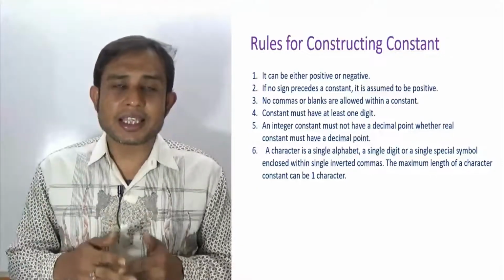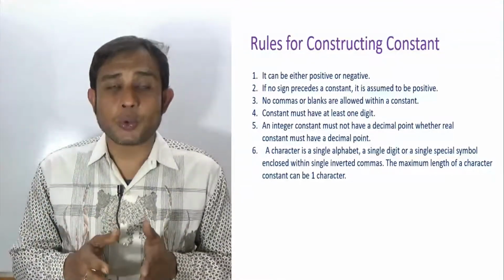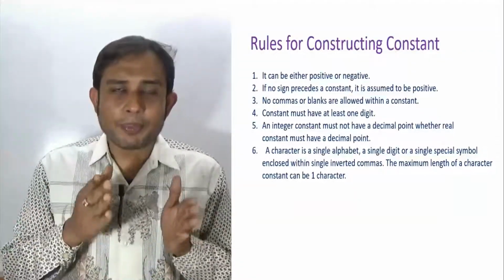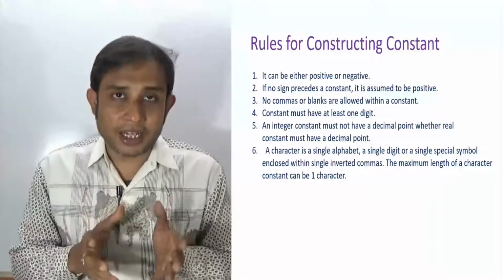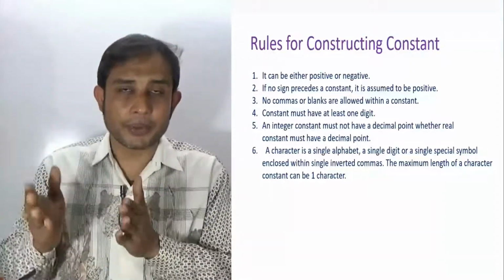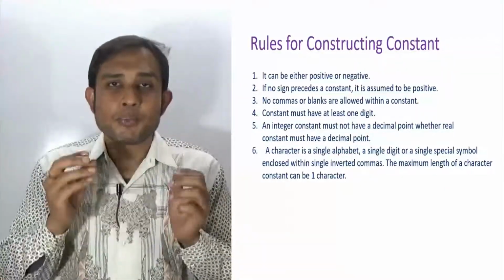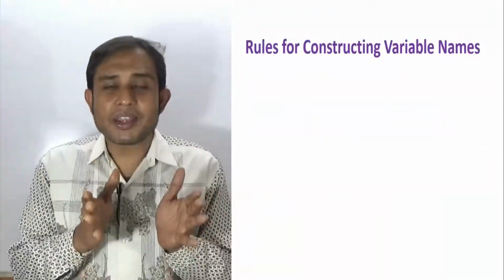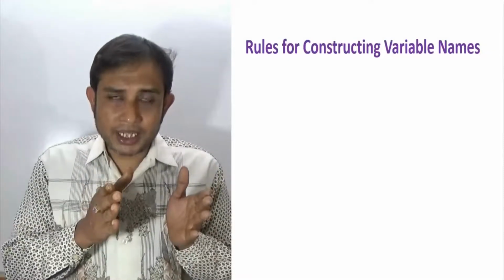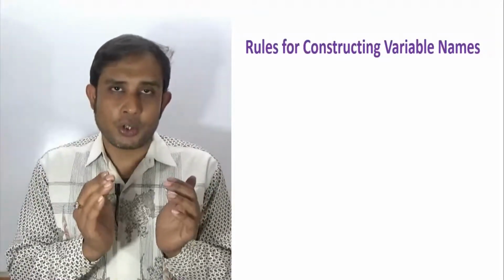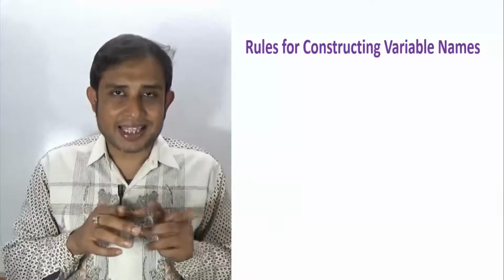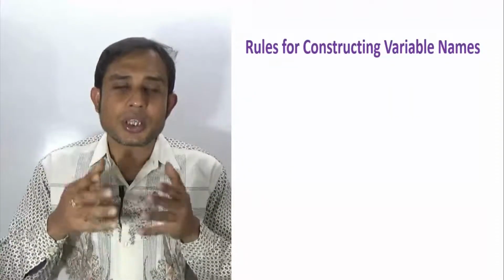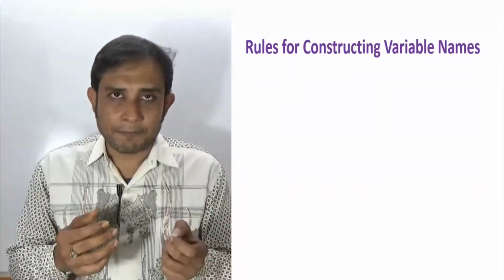If we would like to assign some value during the execution of the program and the value may be changeable, then we need another type of thing, which is known as a variable. A variable is nothing but a memory place, memory area, or memory block of the computer memory where we can store some value for further use. So a variable is a memory block which we occupy from the computer memory to store some value or data.